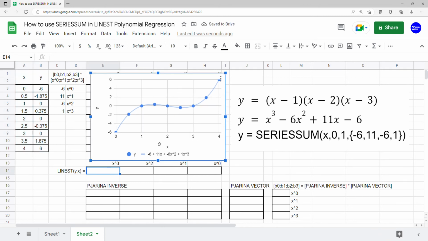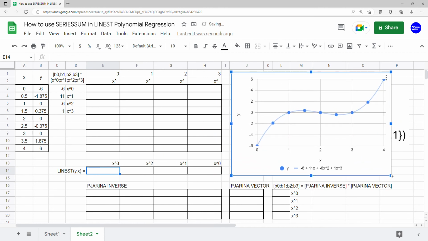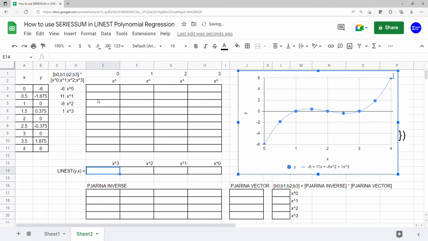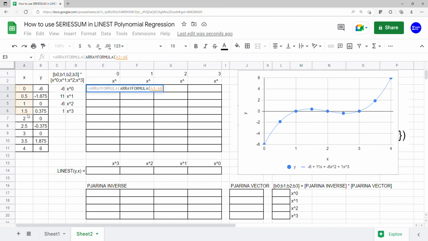We complete the LINEST matrix, starting with the elements of the matrix. So this will be an array formula of the x values raised to the power 0 to 3.